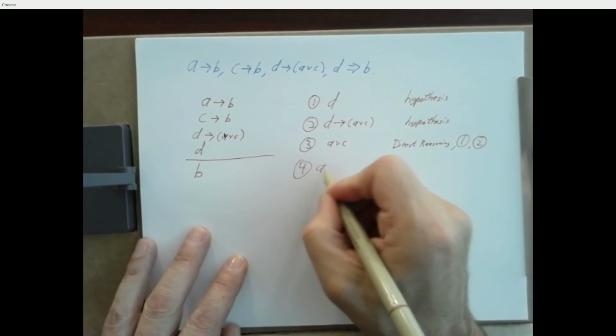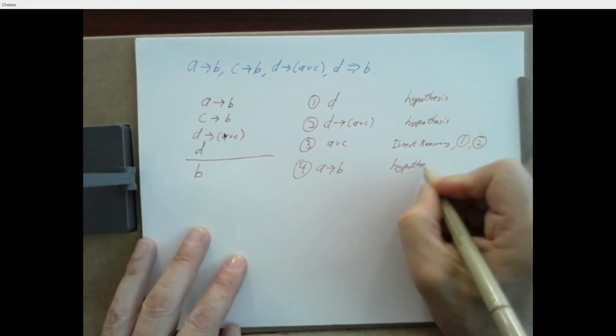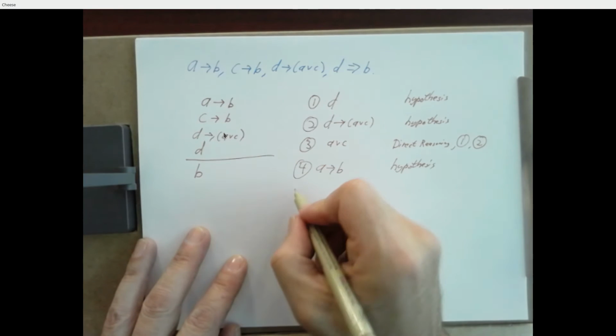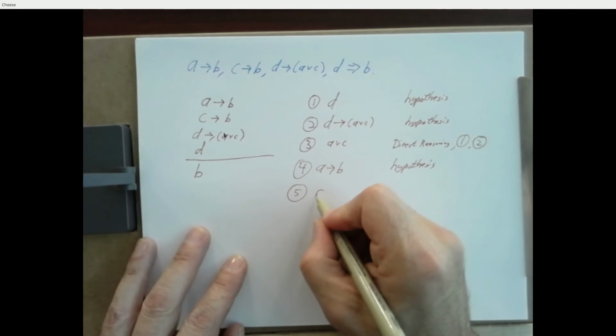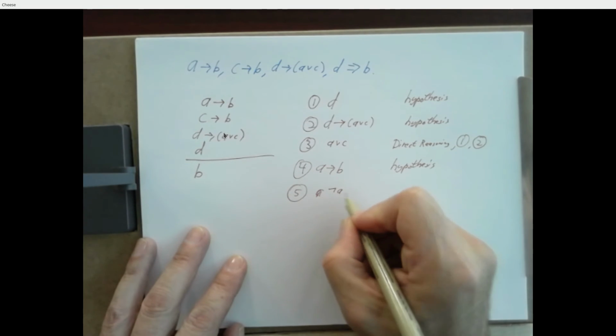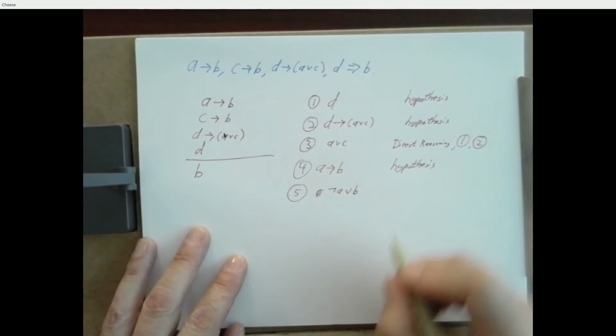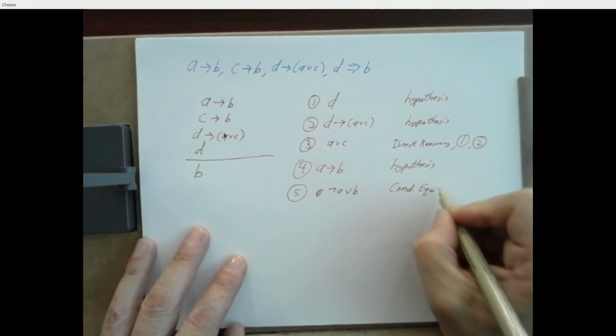So let's say A implies B. That's a hypothesis. And let's write the equivalent of that, which says either B has to be true, or A has to be false. That's conditional equivalence. I think that's what it's called in the book.